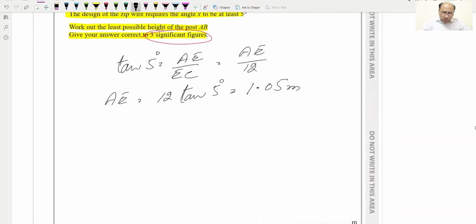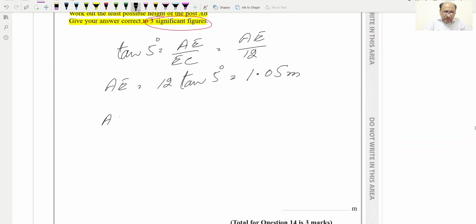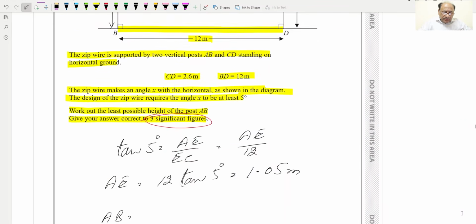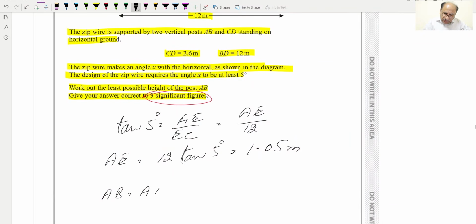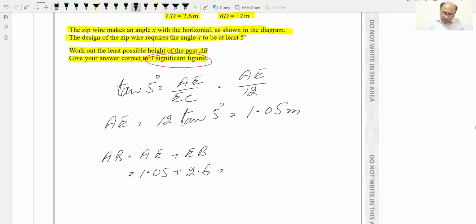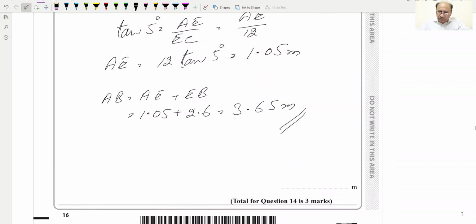AB will be equal to AE plus EB, which is equal to 1.05 plus 2.6, and this will be equal to 3.65 meters. This will be our final answer for this question.